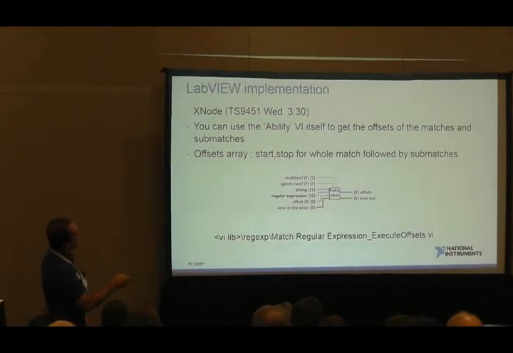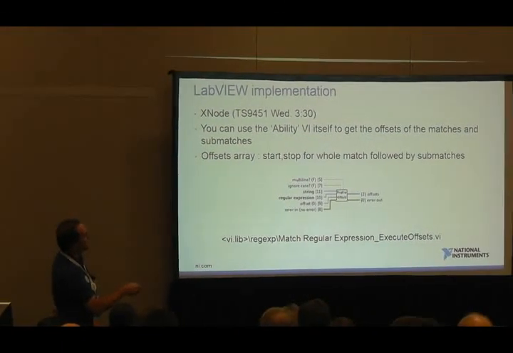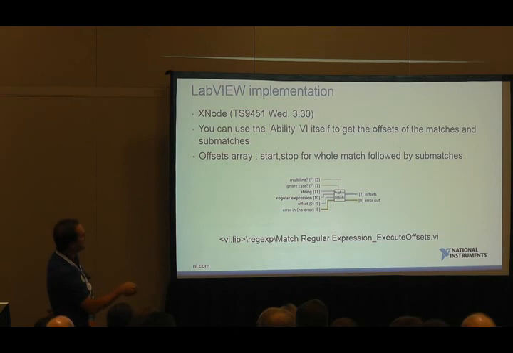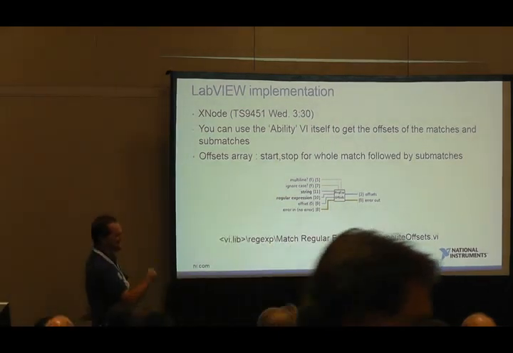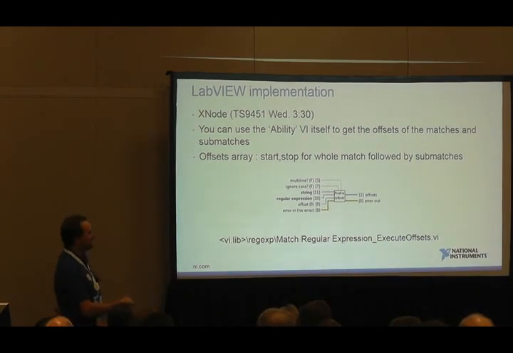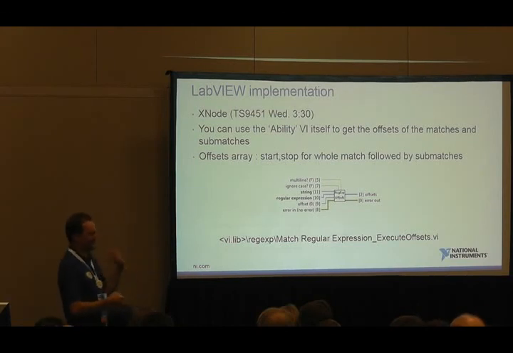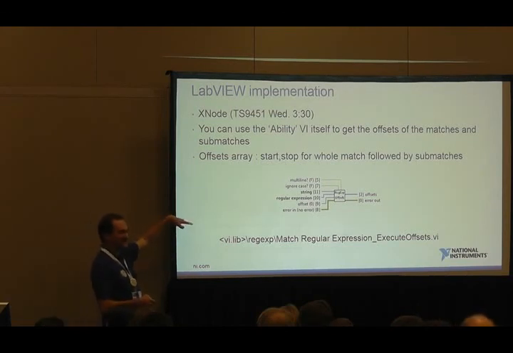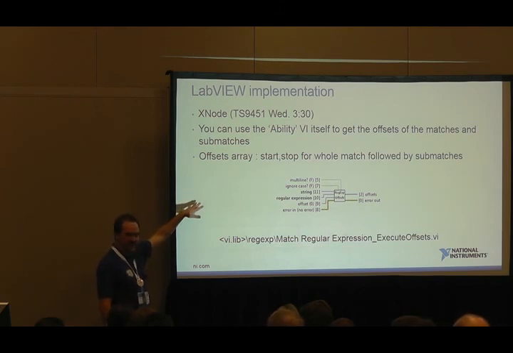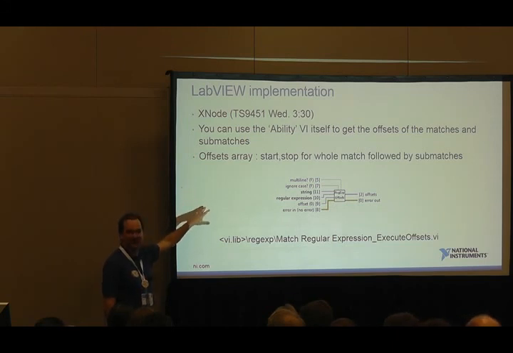If you go in and get the so-called ability VI behind that X node, what you can have returned, instead of all the strings, is sometimes just where those matches occurred in the string. For example, in my regex helper, you might be surprised to know that one node that does not appear inside my regex helper VI is match regular expression.